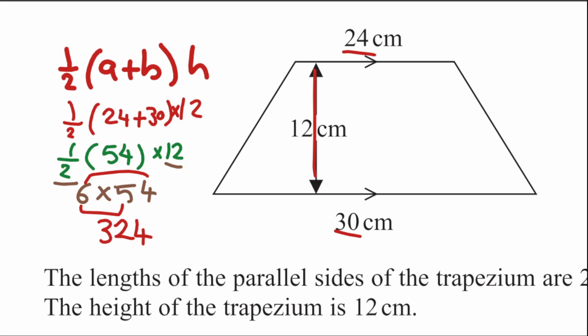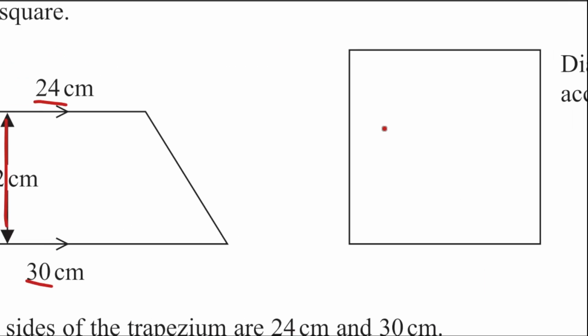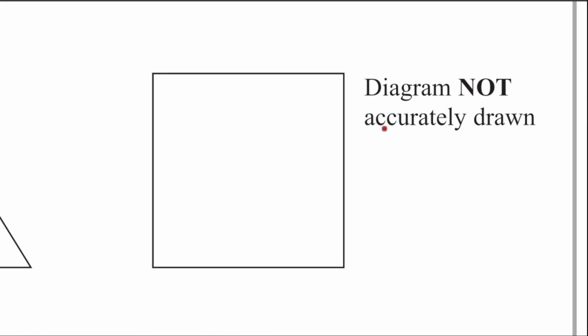All right, so now this area is equal to the area of the square. That's very good. So the area of this is 324. Now the area of the square is equal to the side times the side itself, so it's the side squared, isn't it?